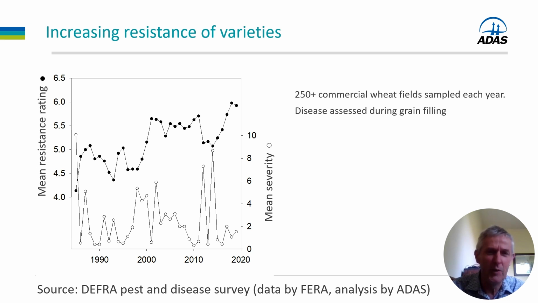In this case for Septoria tritici, but there have also been improvements in resistance against powdery mildew and the rusts. And there seems to be, although it's difficult to separate cause and effect, a bit of a trend that we have perhaps 2 or 3 years on the trot with quite severe septoria due to weather conditions, and more resistant septoria varieties are picked in the years following.